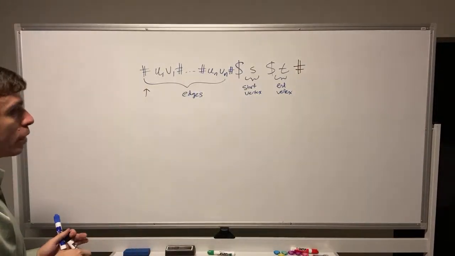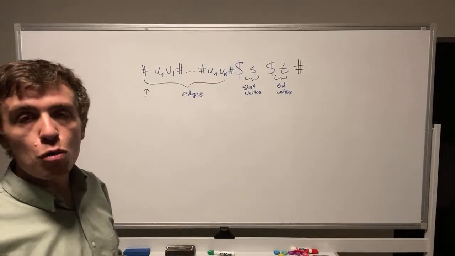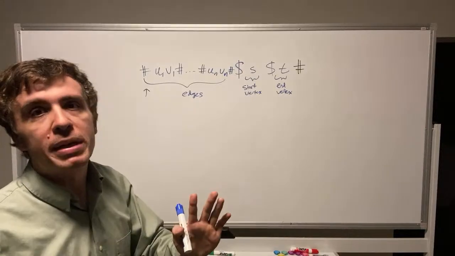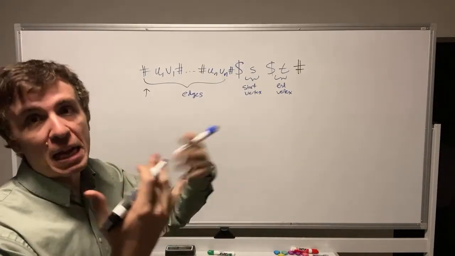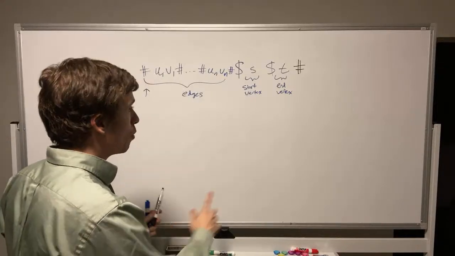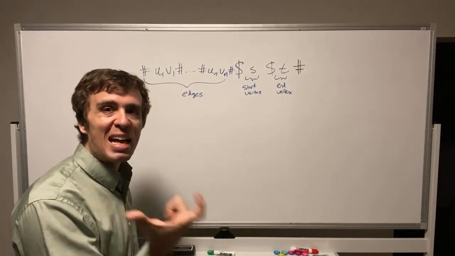Okay, so remember the queue for, let's say, breadth first search. Depth first search is going to be similar because you just exchange a stack for a queue. It's the same algorithm otherwise. So the queue starts off with S in it.